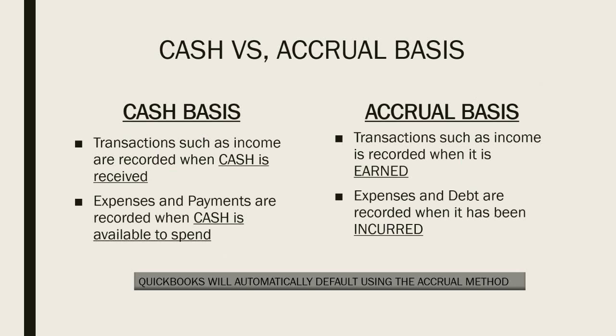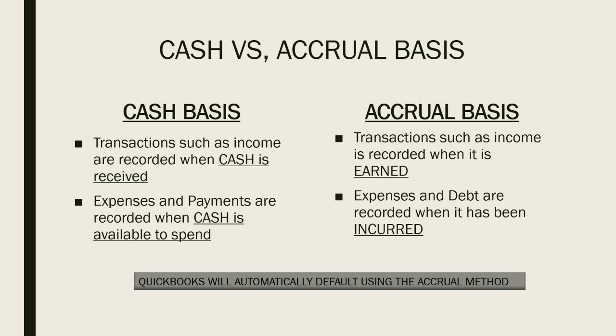And then the last section here is to understand the difference between a cash basis versus an accrual basis. Okay. Cash basis, right? In this case, it's pretty straightforward to understand. Any kind of mom and pop shop, when they usually start off their business, they would typically start off with a cash basis, meaning if they earn the money and it's by cash, they will record that they received the income.